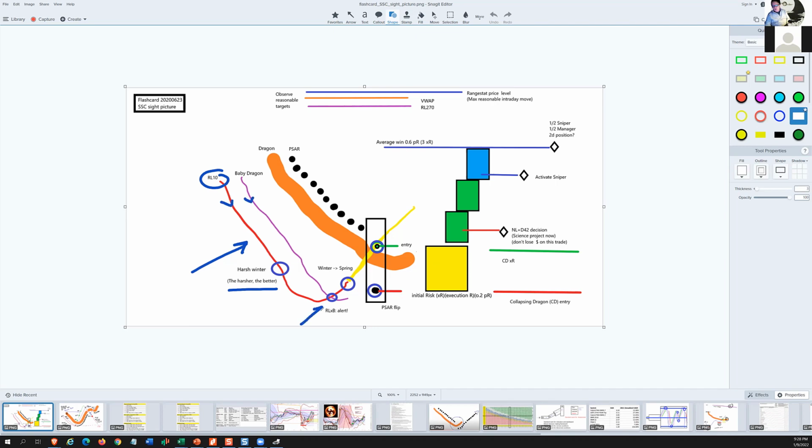The first alert is when the RL10 rolls over and starts moving up. We know that's going to be where that PSAR flips, and that's eventually going to be where that collapsing dragon entry is, right? If this price keeps improving, the MACD 4 seasons will go to spring. It'll get through the dragon.